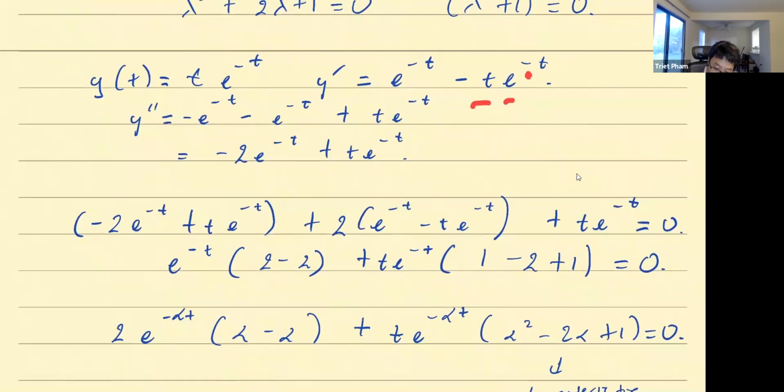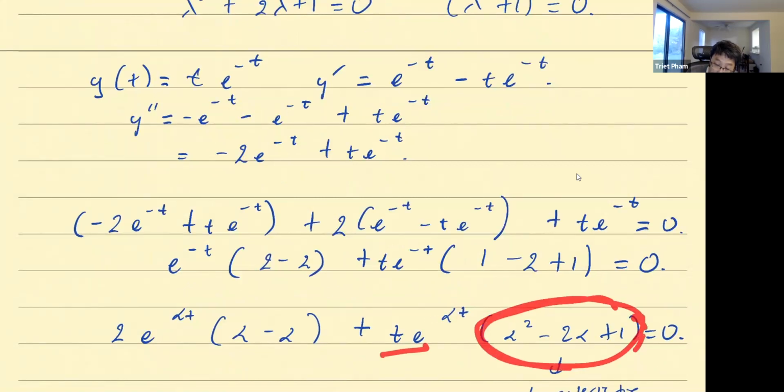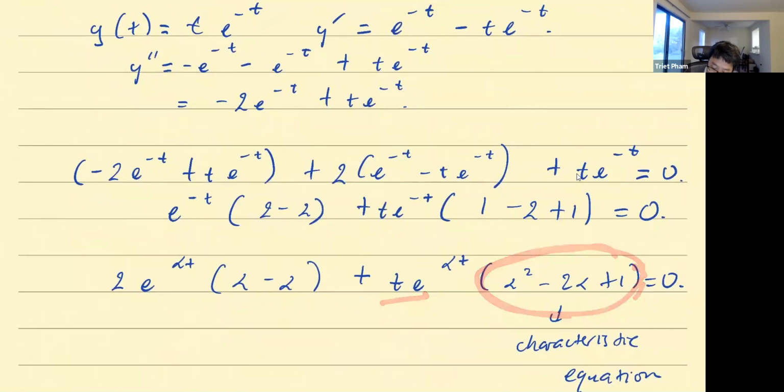After you differentiate and combine them into the original equation, you see that the t e to the alpha t term factors out with the characteristic equation in front. And so by definition, because this is the root, it's going to be equal to 0.